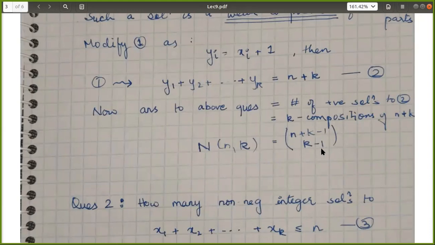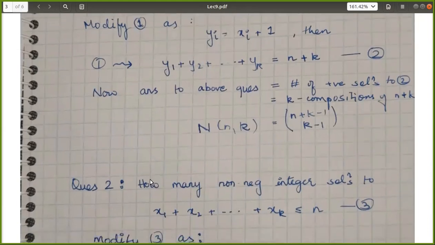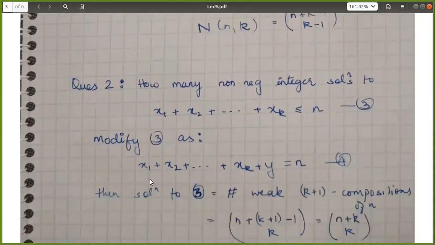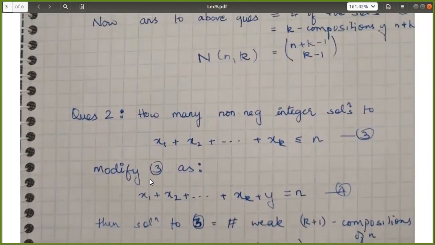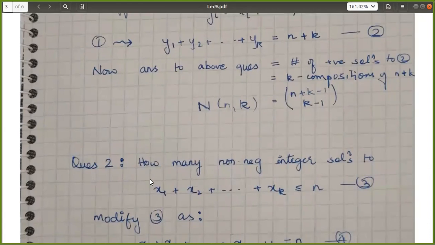Now, if we modify further and ask how many solutions are there to this equation, x1, x2 and so on, their sum is less than or equal to n. Instead of equal to n, how many non-negative integer solutions are there?